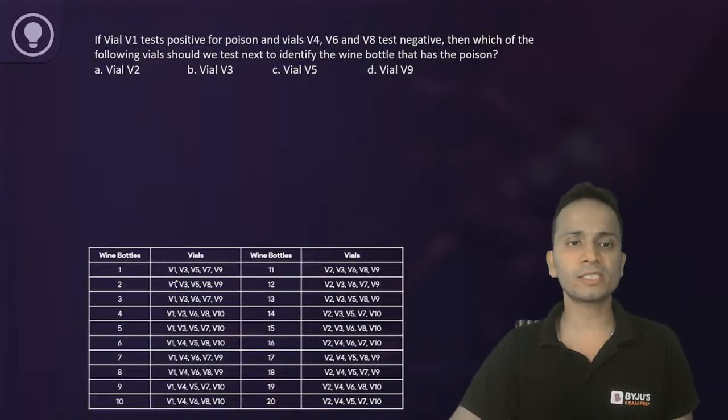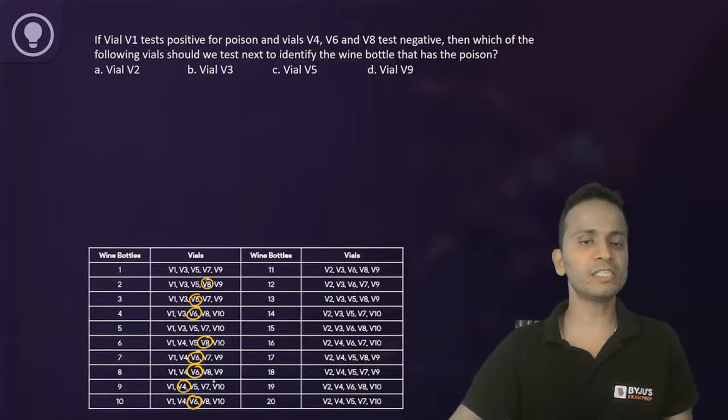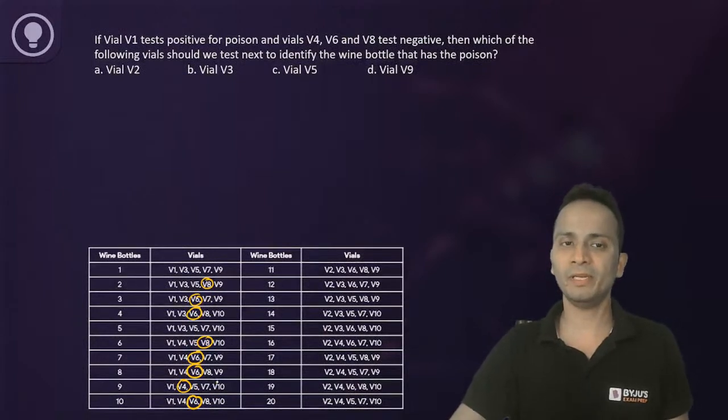So I can eliminate bottle 2 because it has 8. These with 6 are eliminated. Now 4, 6 and 8, this is left, this is eliminated, this is also eliminated. So from the first 10 bottles, 8 bottles are eliminated.